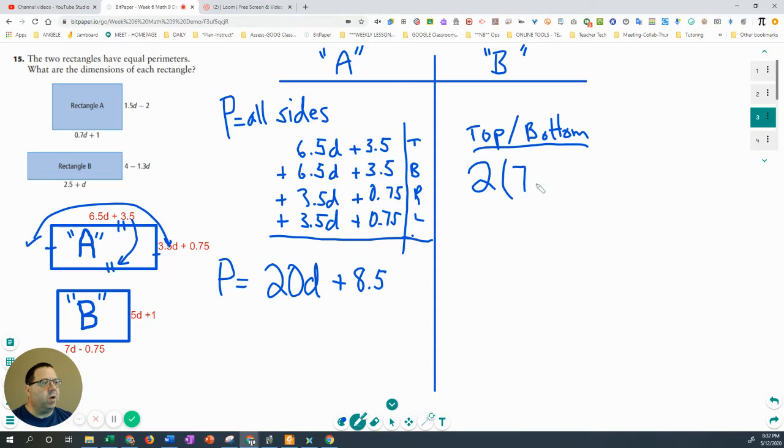That is defined by 7d right here. 7d plus, whoops, not plus, Mr. Smith, minus 0.75. So then if I distribute, I have top and bottom, I essentially have 14d minus the double of 75 cents, which is $1.50. Do you notice how I talk in money still when I get to decimals?